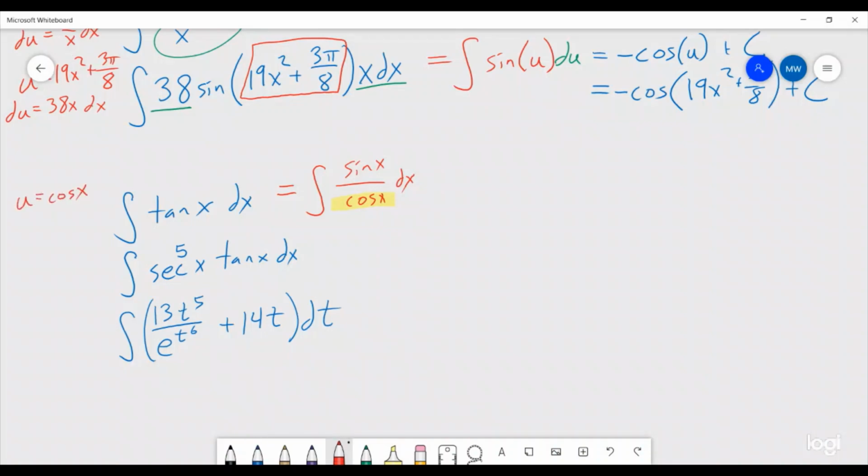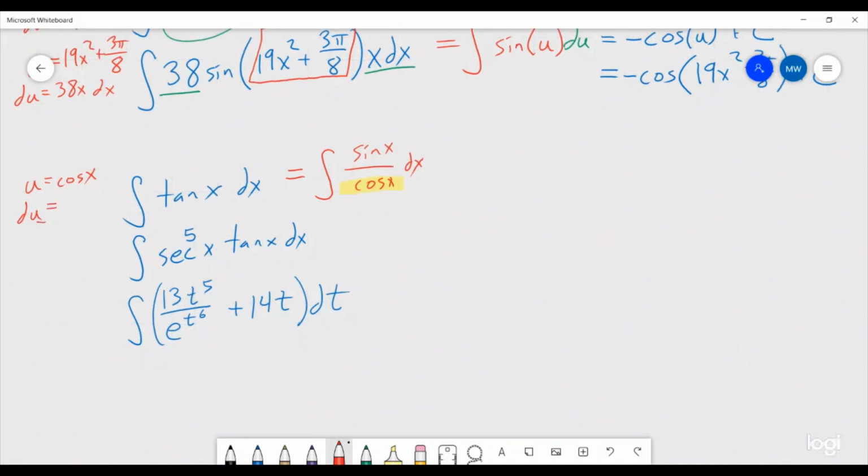And if u is cosine of x, then what's du? Well, the derivative of cosine is negative sine dx. So that means that this is going to be cosine. We're going to keep that in the bottom, so we have an over u. But then the sine x dx, that almost matches up. We just are off by a negative sign, so we replace that with a negative du. So this is asking, what is the integral of 1 over u du?